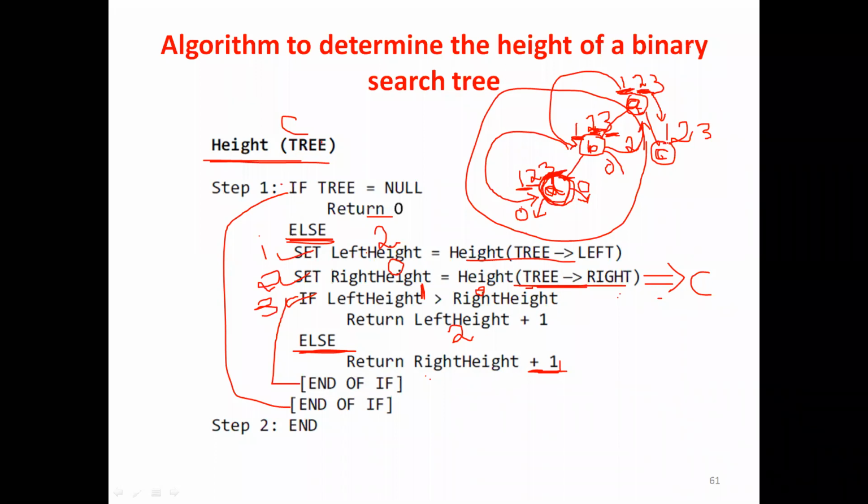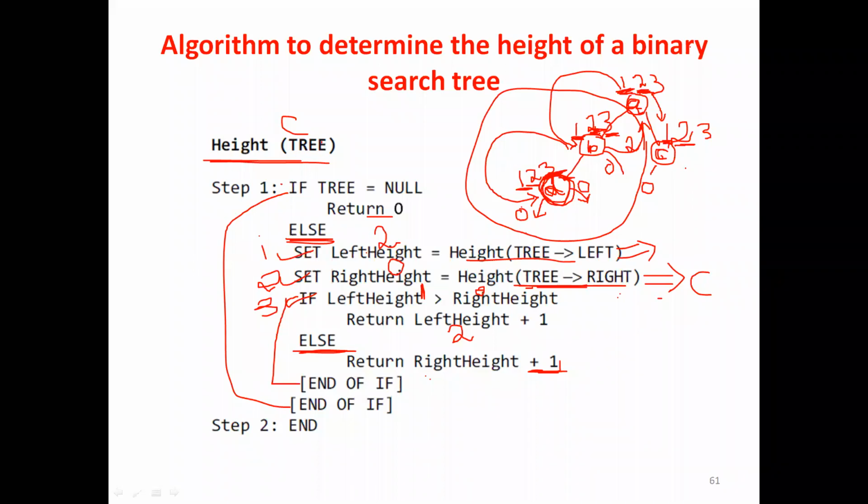Step 1 is executed. What is step 1? Tree left. Can you tell what the answer is for this? I am in step 1 of node C, and it is null. Yes, very good. Null is nothing but 0. So like that, it works.